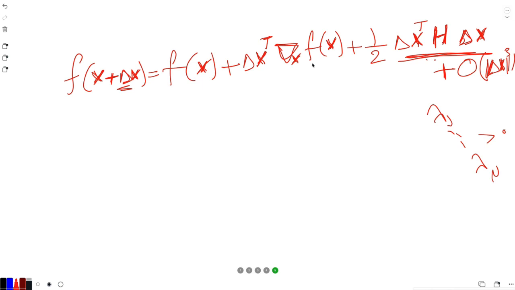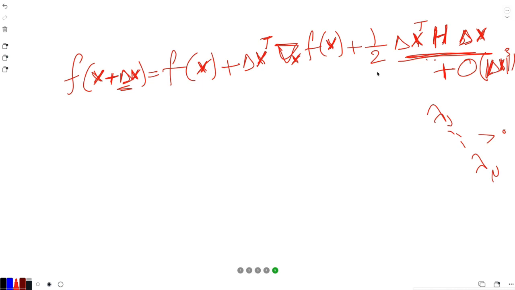Again, if all of them are less than 0, then it will be a maximum point, and if we have a mixture of them, or we have zeros here, then we might have a saddle point or an inflection point.